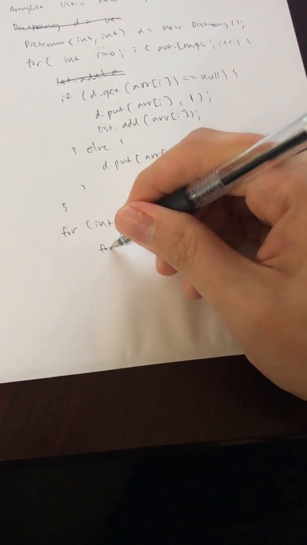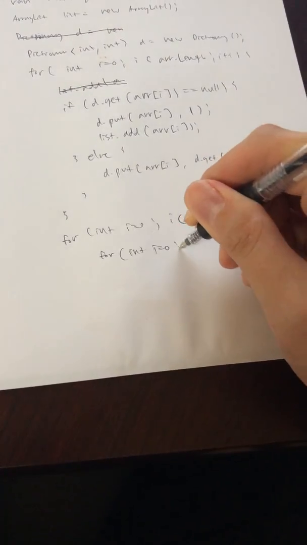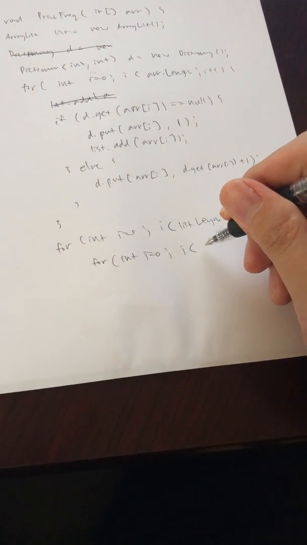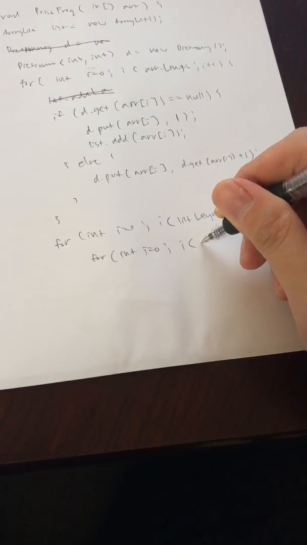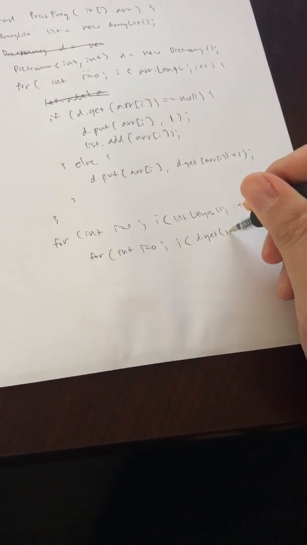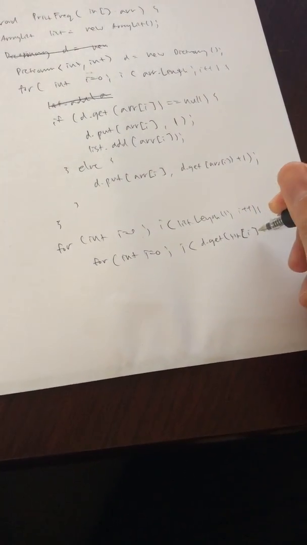So for int j equals 0, j is less than d dot get list i. So that will give me the frequency.